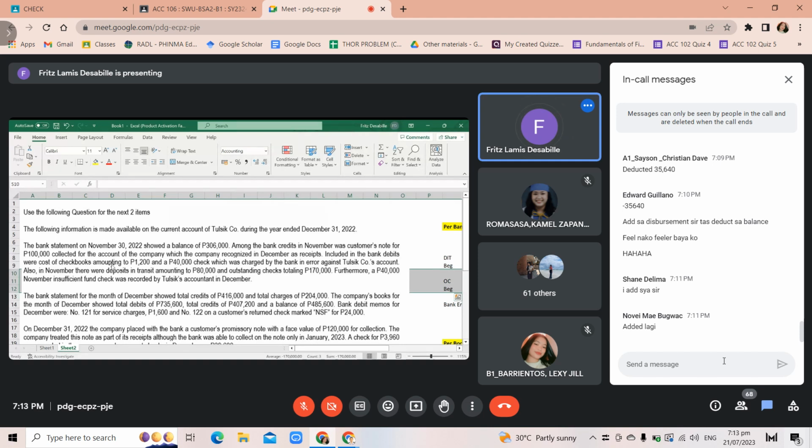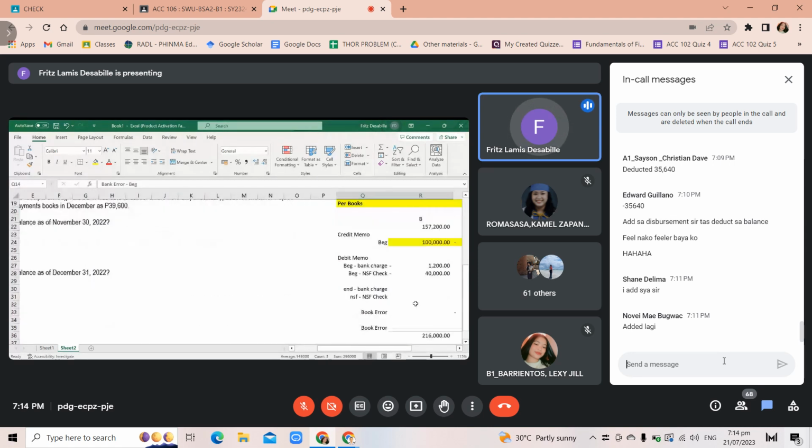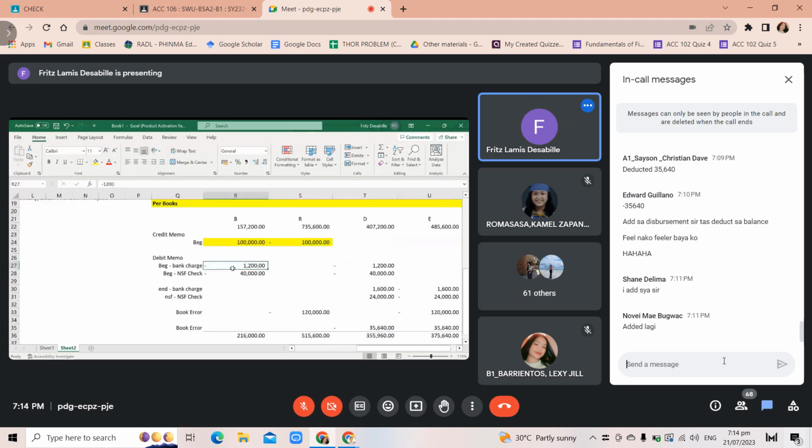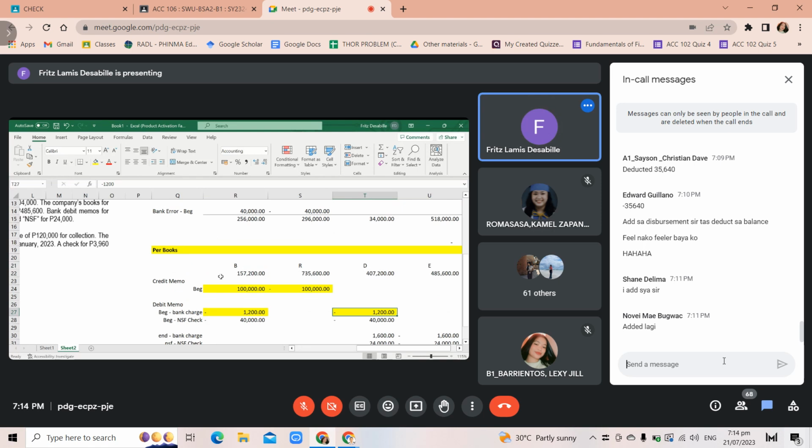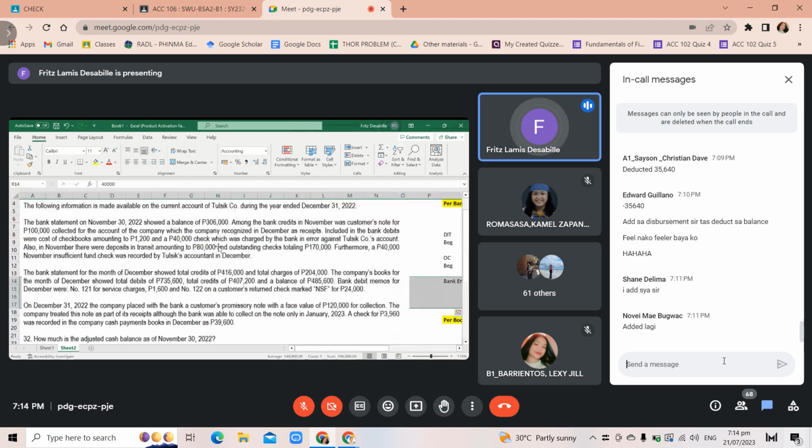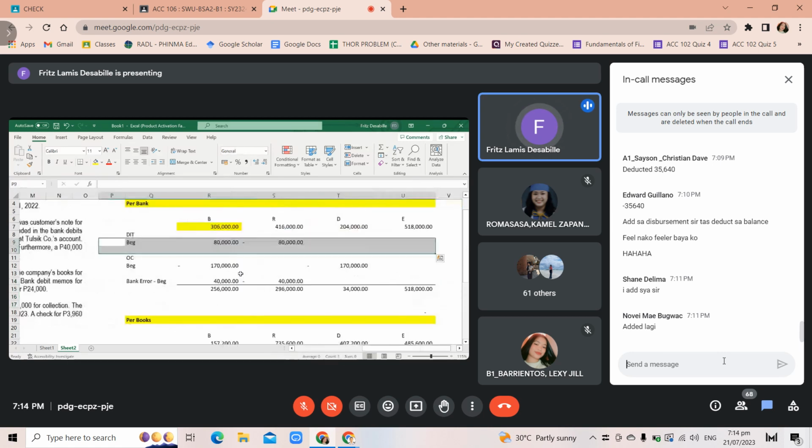So one bank debits and a check which was charged by the bank on error against wholesale account. So 1, 2. That should be a book recon item. 1, 2. So this okay. Taken out. And the 40,000 was charged by the bank on error. So we added back, correct? And to restore it, this one minus ano.